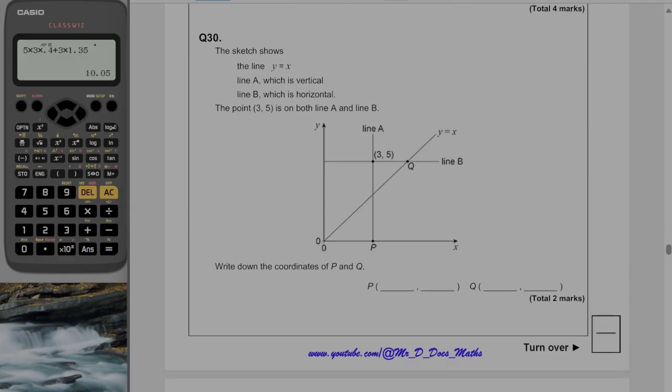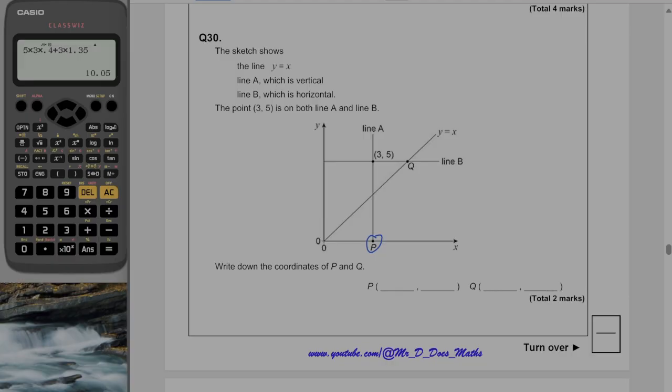Right, question 30. The sketch shows the line y is equal to x, line A, which is vertical, and line B, which is horizontal. Point 3, 5 is on both line A and B. Write down the coordinates of P and Q. Okay, so we will start here.